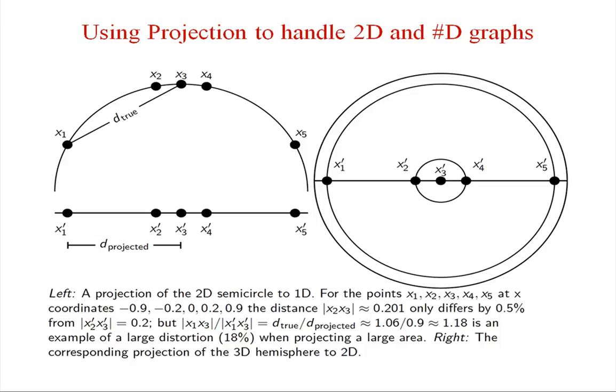For example, using projection to handle 2D and 1D graphs. Now suppose 5 points x1, x2, x3, x4 and x5 are placed on a circle. Now we have a 2D circle, and we have to project the points onto a line, a 1D line.